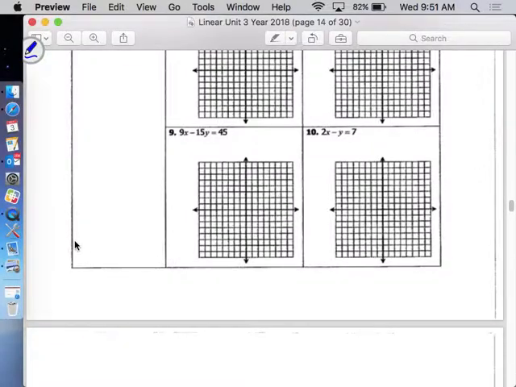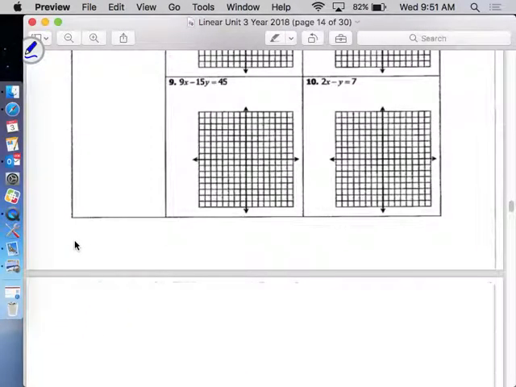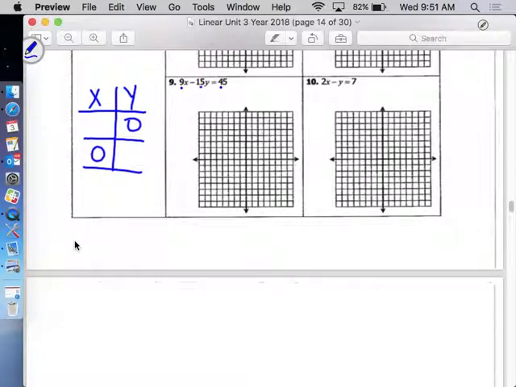Okay, so for a problem like number 9, I'm looking at 9, 15, and 45. 9 and 15 are factors of 45, so it's going to make graphing by the intercepts actually kind of nice. If I let y become 0, then I'm left with this. And if I let x become 0, then I'm left with negative 15y equaling 45. Y is negative 3.